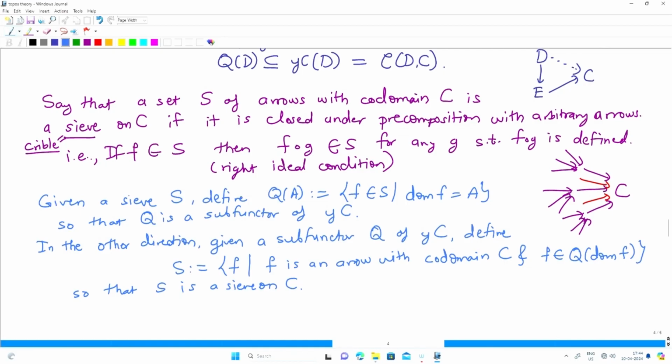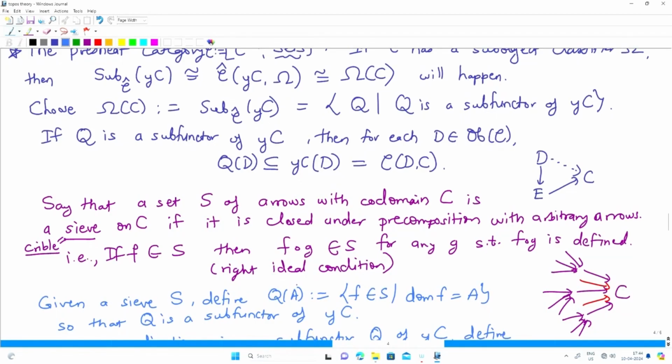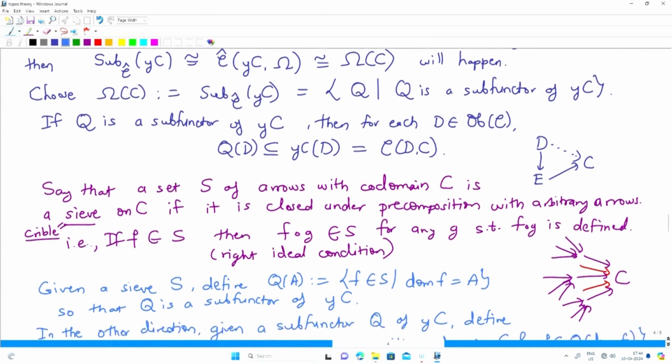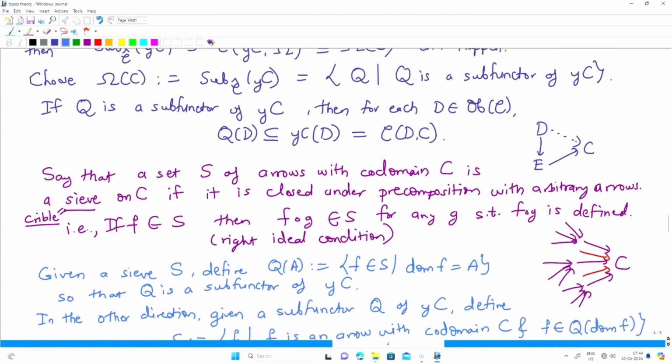Thanks to this correspondence, we can redefine omega, the subobject classifier in the pre-sheaf category, as the collection of sieves on C. You understand?